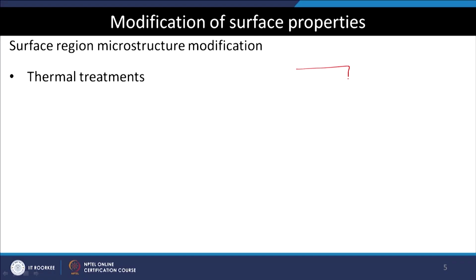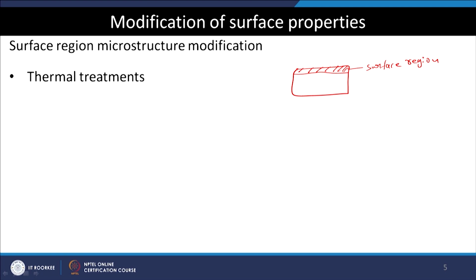So, how can we modify the surface region microstructure? For example, we have a component having certain bulk property, and I treat this as the surface region.